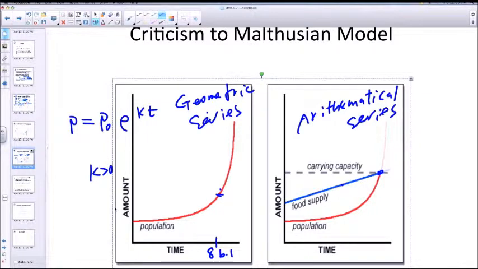And then they said sooner or later, you're going to reach the point you don't have enough food to supply the population. So that kind of limit, they have a name, is called the carrying capacity of the environment. It's very easy to figure that out.